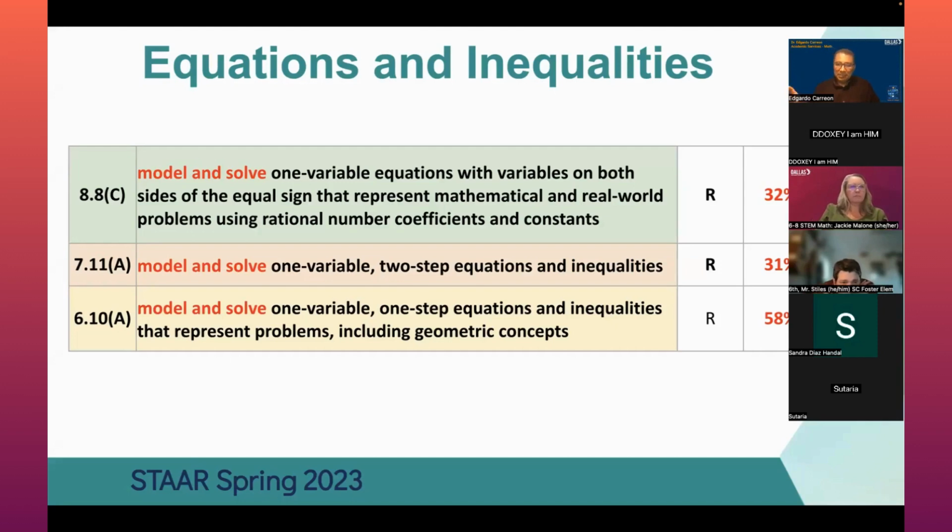If you teach 7th grade, you may remember that 7.11A is a standard that was not there until we got to module 2. It was part of module 2 at some point, and then it went away. So let's have that in mind. What comes to your mind when you see these 3 standards? What comes to your mind?